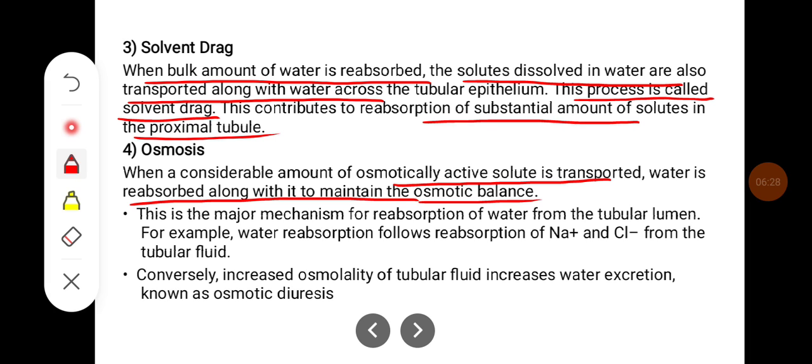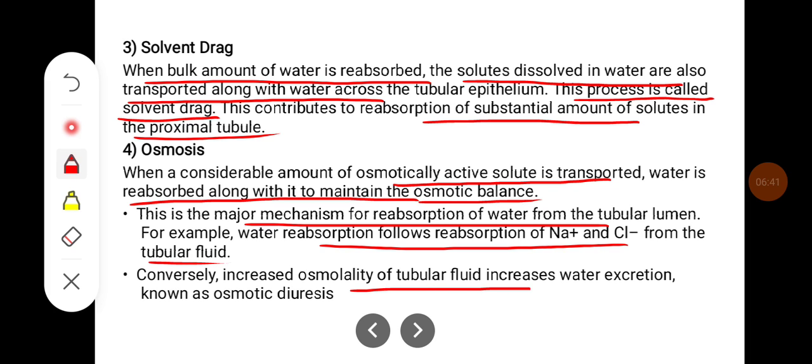This is the major mechanism for reabsorption of water from the tubular lumen. For example, water reabsorption follows reabsorption of sodium and chloride from the tubular fluid. Conversely, increased osmolality of the tubular fluid increases water excretion, known as osmotic diuresis.